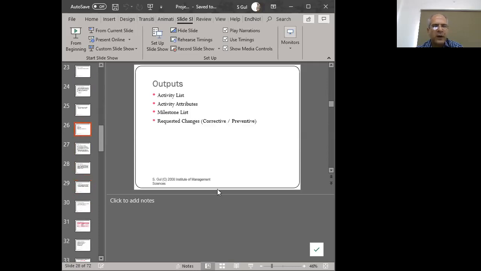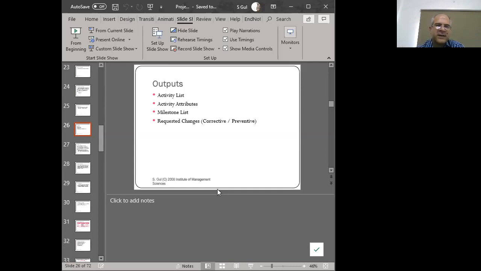Now, what kind of outputs do we get from defining our activity? Well, we get a list of our activities. Clearly, once we go through the process, we will have a list of activities. And we will have the attributes of each of these activities. Attributes such as the duration, attributes such as how many people are needed and so forth. Right? So we've got certain basic elements of that activity coming up. Normally, there's very few attributes. The normal attributes include the name of your activity, the duration of that activity, and the predecessor of that activity, right?